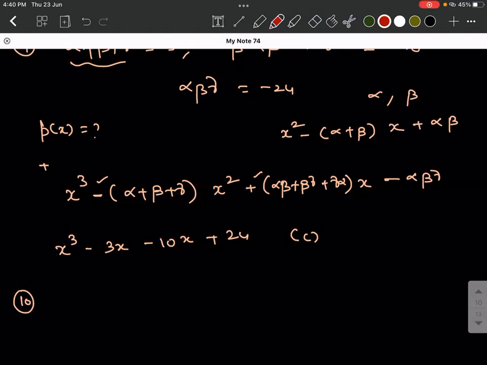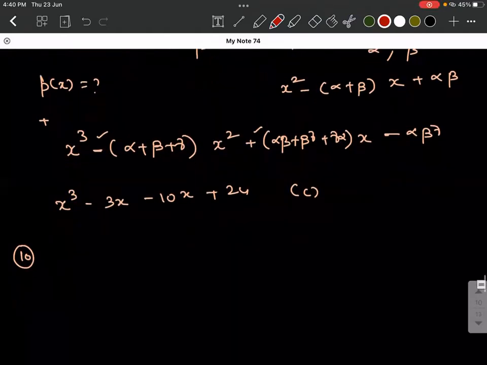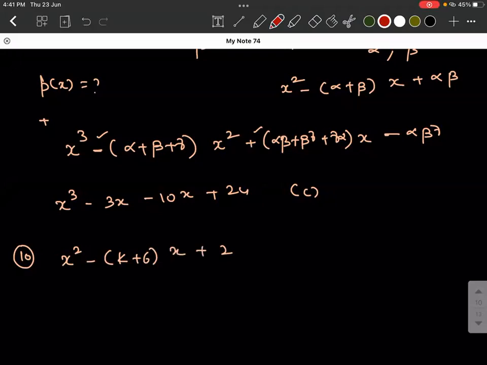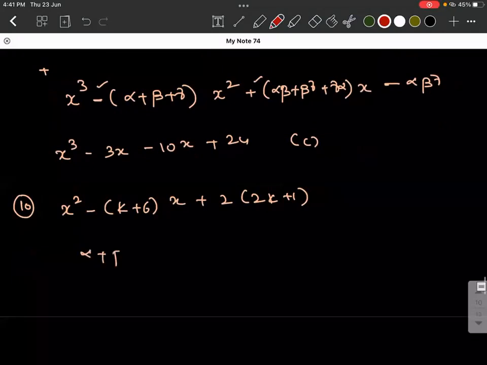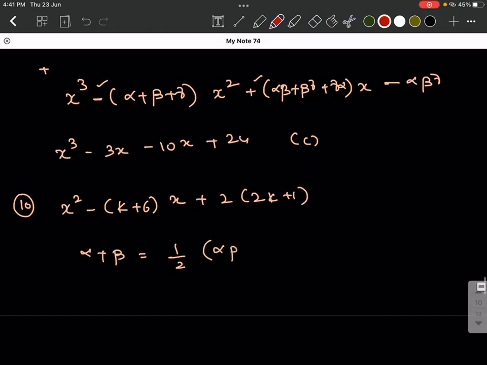Okay, the value of k such that the quadratic polynomial has the sum of the zeros equal to half of their product. The 10th one, no? So you finished. Okay, is this right? As the sum of the zeros, that is alpha plus beta, is equal to half of their product, alpha into beta.